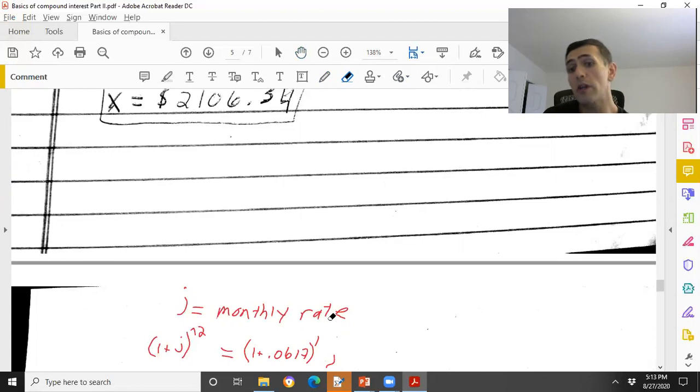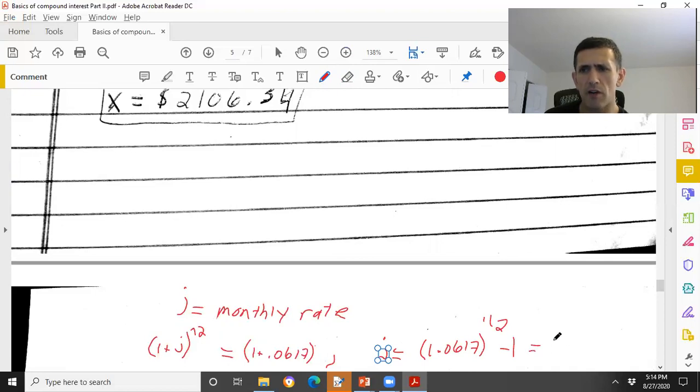If this was a 2-year span, it would be a 2 here, and this would be 24 months. So with that perspective, let me just get rid of that. Solving for j is very straightforward. You just take 1.0617 to the 1/12 minus 1.